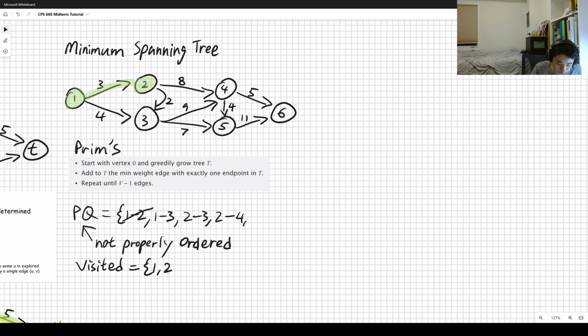By the way, the green highlights the edges that make up the network. So the next thing I'm going to look at is, among the three unvisited edges, 2 to 3 having the weight 2 will be first in the priority queue now.